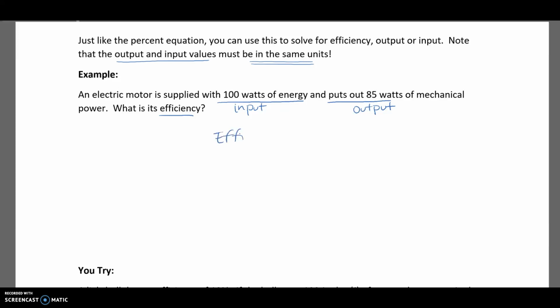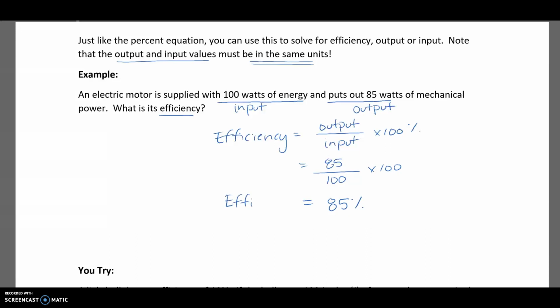Efficiency is the output, the part, over the input, the base, times 100%. So here, 85 watts out of 100 watts, the efficiency of this motor is 85%. Notice you'll know if you've made a mistake if you get an efficiency value that's greater than 100%. If you do, likely you've mixed up the output and the input values.